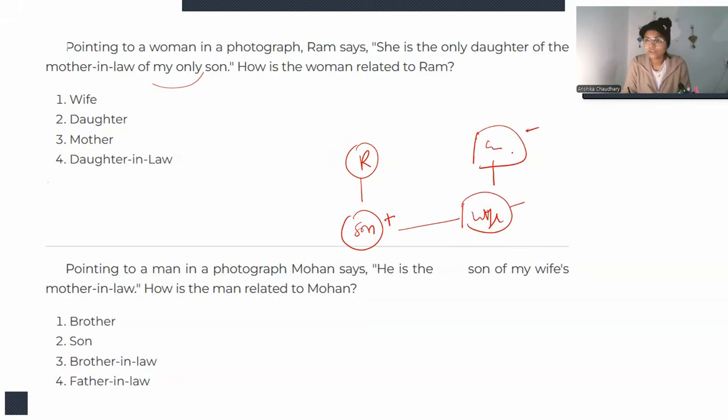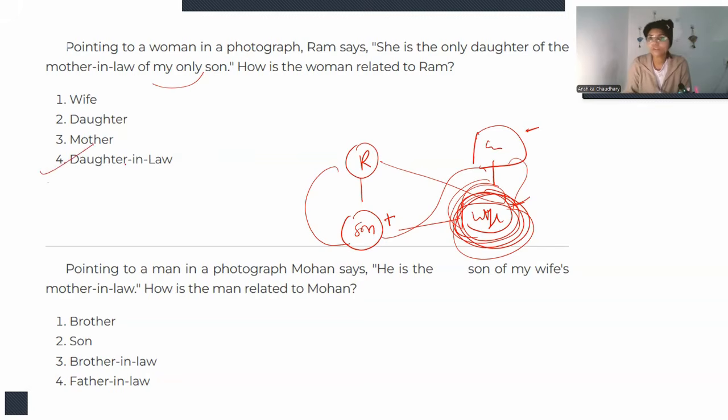So Ram is talking that she is the only daughter of the mother-in-law of my only son, so the only daughter, wife. So basically, Ram is talking about this girl, or we can say this female, right? So who is she? Actually, she is the daughter-in-law of Ram. So Ram is talking about his daughter-in-law. Okay, let's move on to the next question.